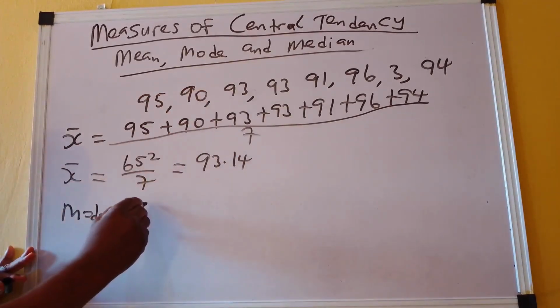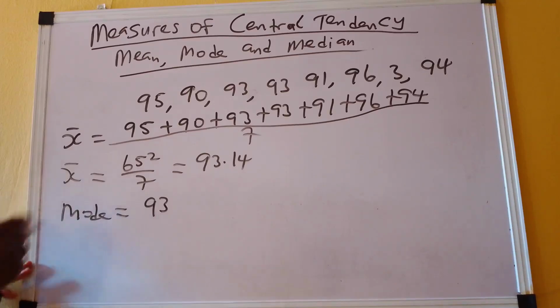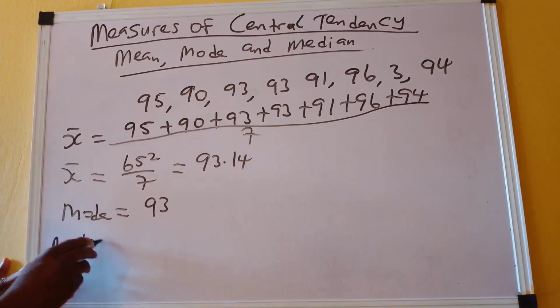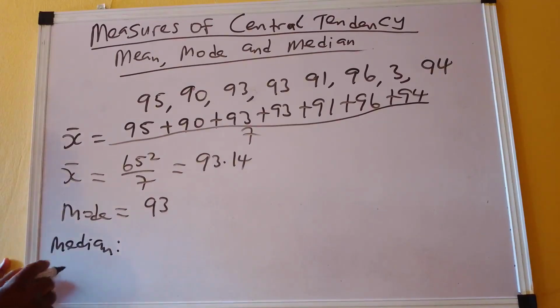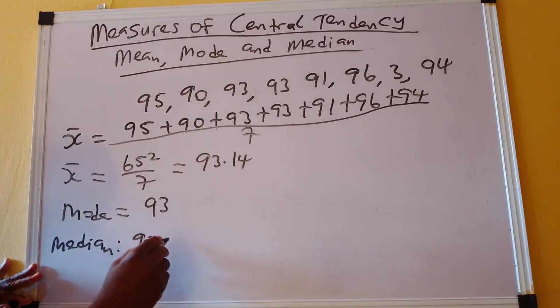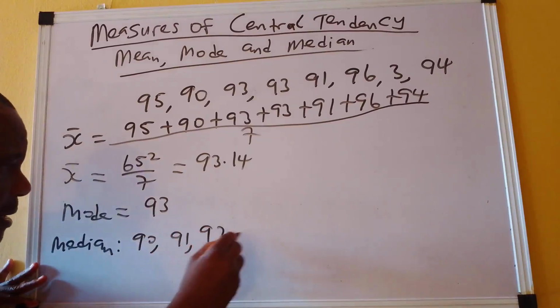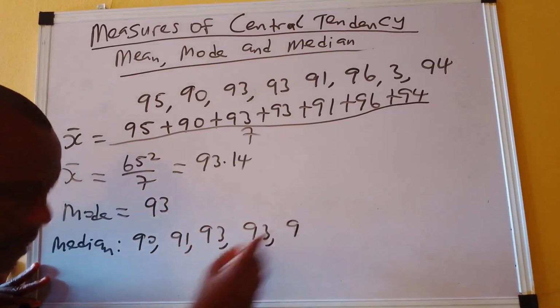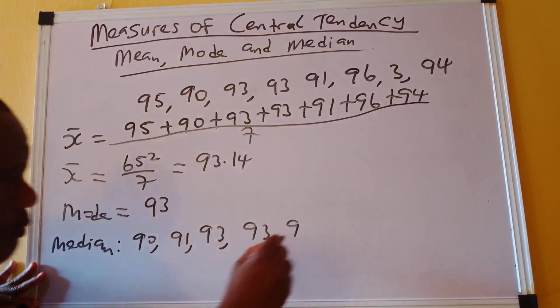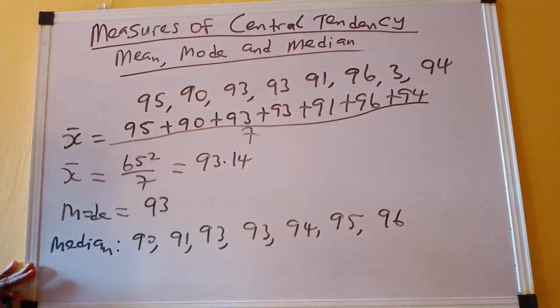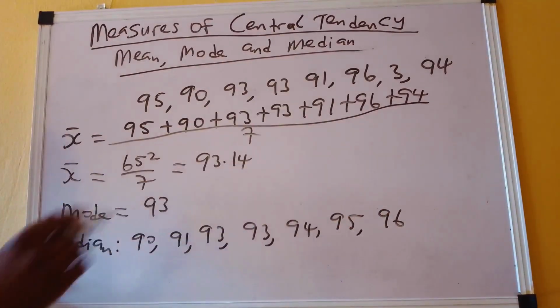So again, the mode still remains 93. Then now, if we want to order the set, arranging it in an ascending order to get the median, we are going to have it this way. We are going to start from 90, 91, 93, 93, 94, 95, and 96. Now the number of observations here is 7.